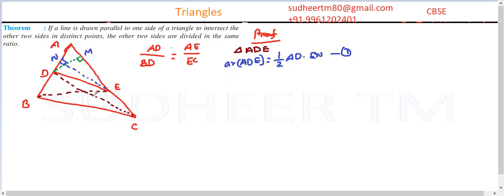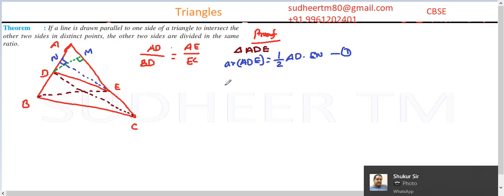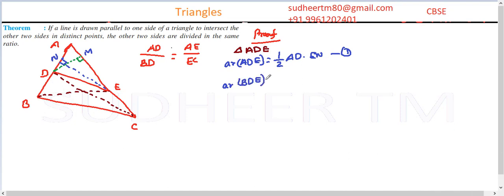Again, let's consider the triangle BDE, that is, the left side, bottom part, and the newly drawn line. Okay, so what we can write here: area of BDE is equal to half into base BD into its perpendicular height.